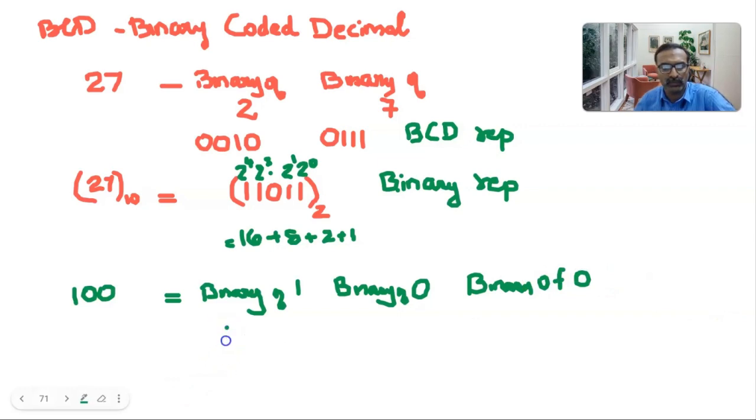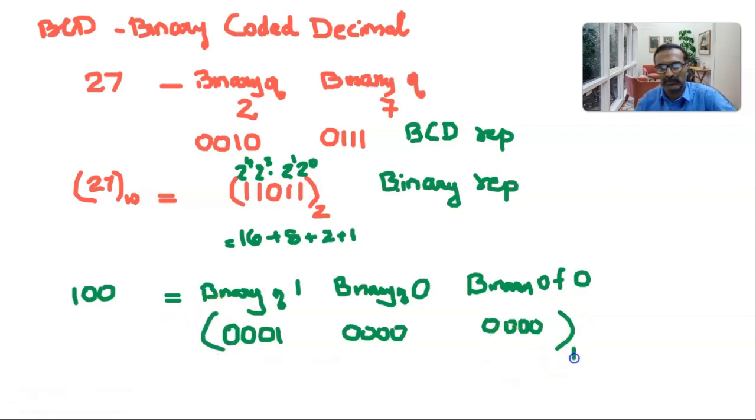So binary of 1, we will write it as a 4-digit number. Binary of 0 and binary of 0. This is how you write it in BCD notation. So understand that in BCD only 0 to 9 is there.